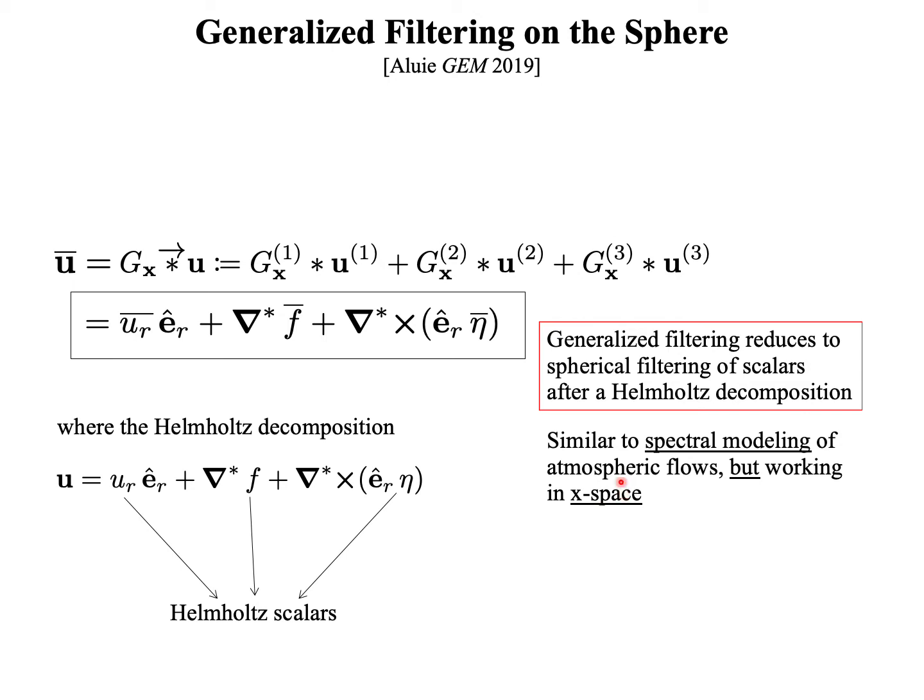And so in a way, we are generalizing this filtering to any kernel. We're not just doing spherical harmonics and truncating the spherical harmonic series. We are using any kind of filter, not just one that truncates the Fourier series. That's much more general and also more intuitive about the physics that's taking place, because we are looking at the flow in physical space, not in wave number space, if you will.